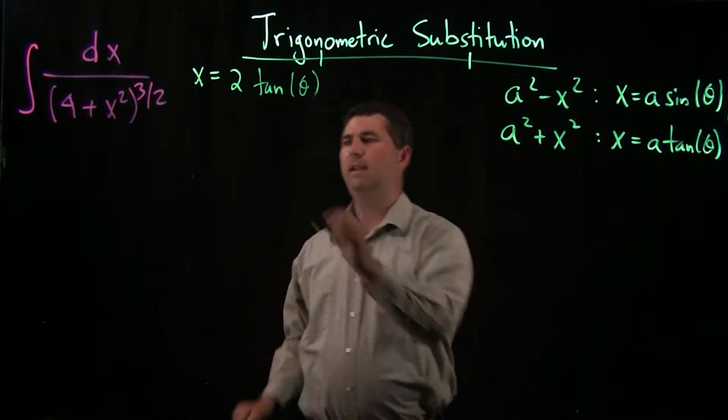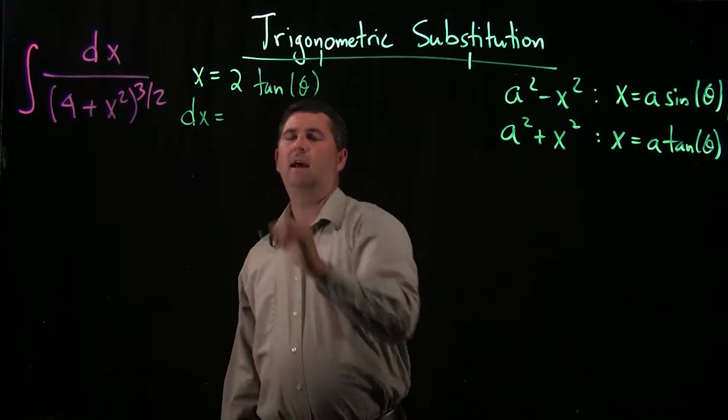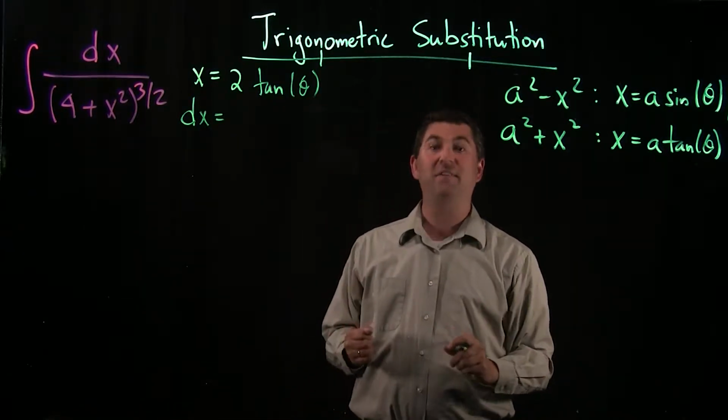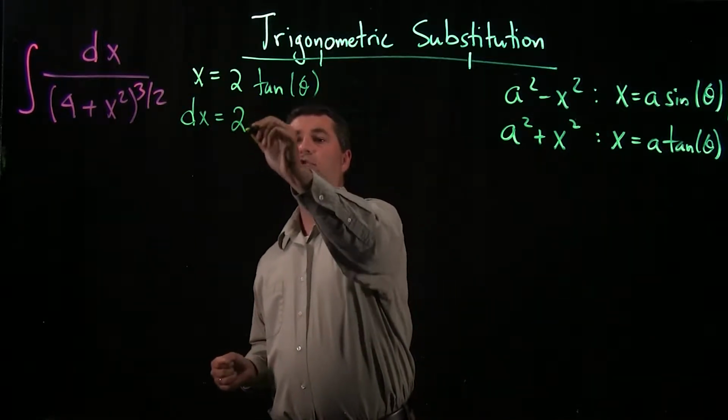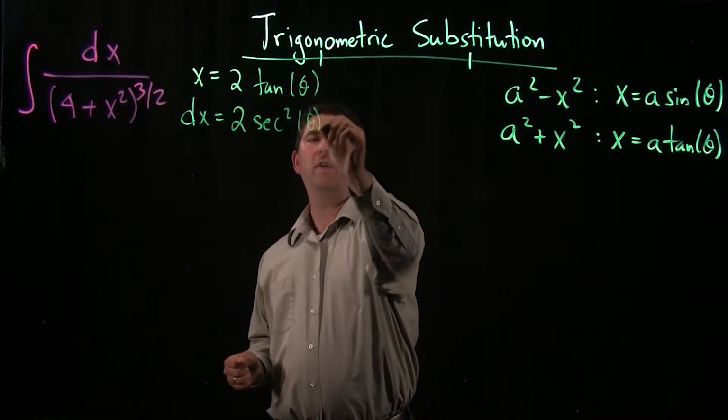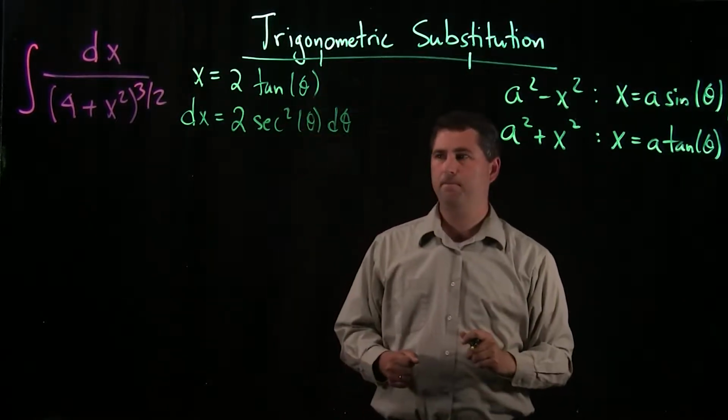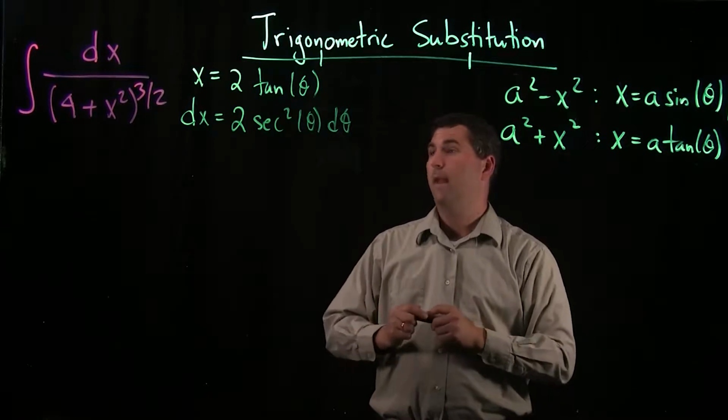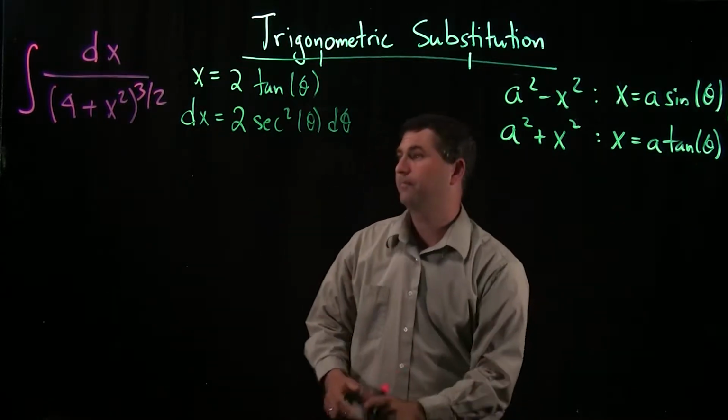Okay, now I need to know my dx, so I take a derivative. You got to remember the derivative of tangent is secant squared. So 2 secant squared theta d theta. Okay, so now I'm going to do my substitution.